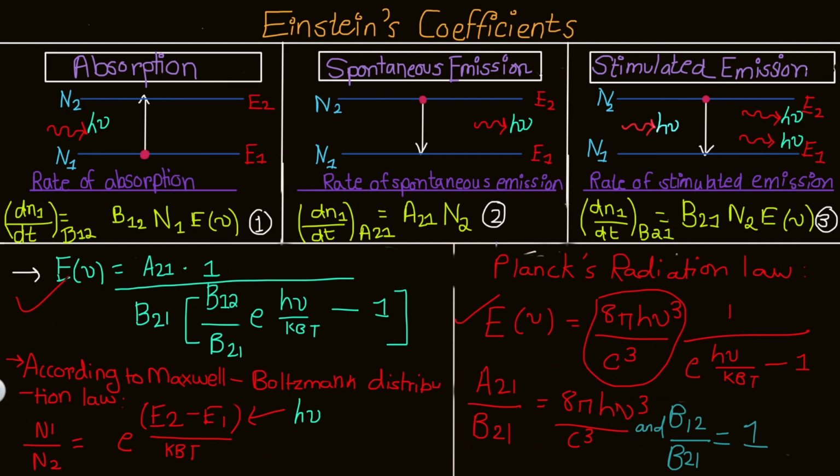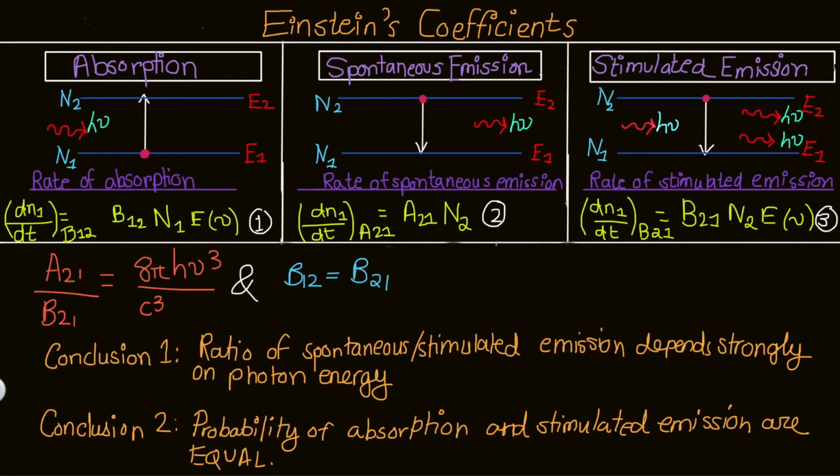Okay, and if we make B12 the subject, then we see that B12 equals B21. So we found out that A21 divided by B21 equals 8 pi Planck's constant nu to the power of 3 divided by c to the power of 3.